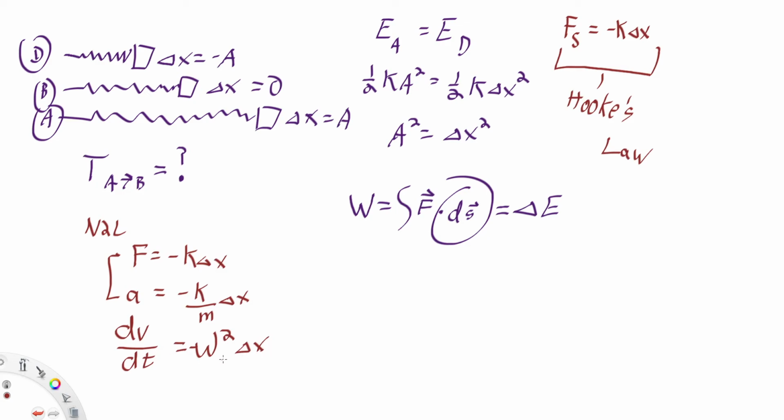So we have something involving distance on the right and time on the left. So this is maybe not going to give us what we want.